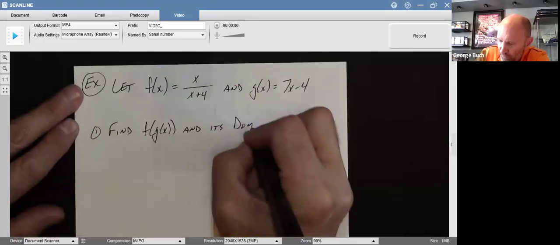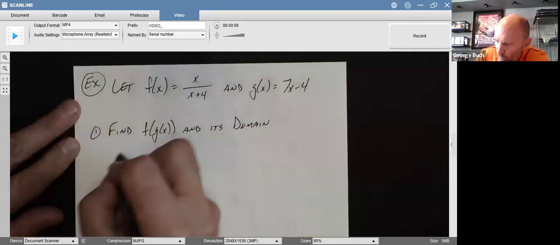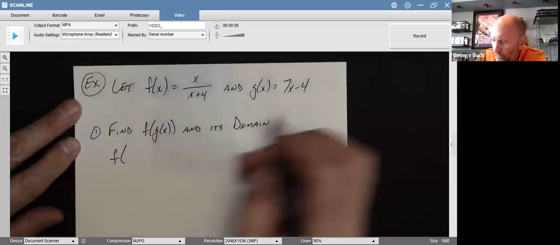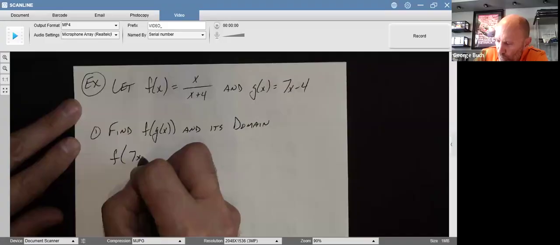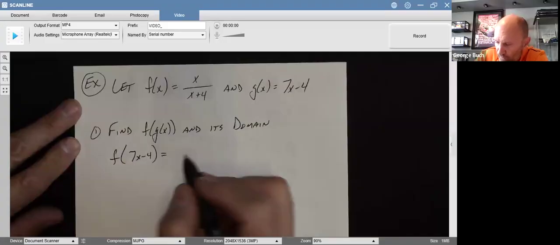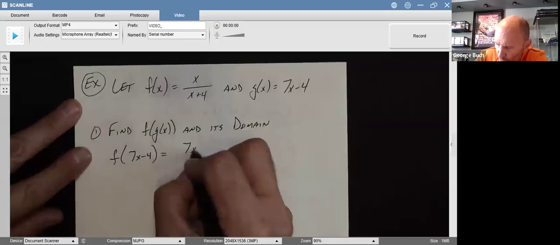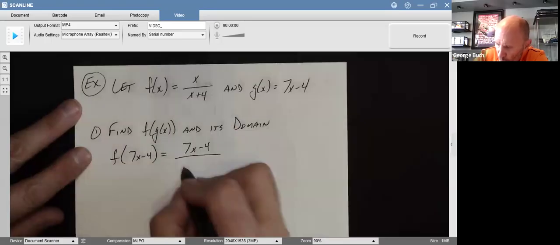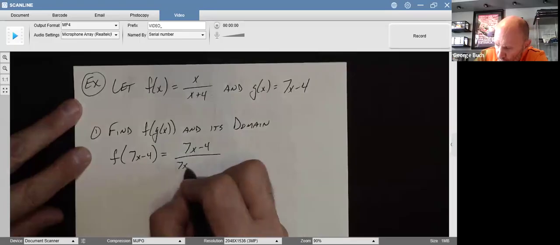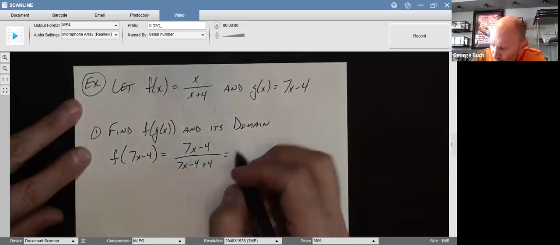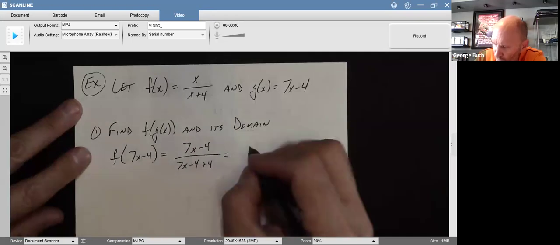So f of g of x means f of, well, what is g of x? It's 7x minus 4. So plug that into f anywhere we have an x, so we get what? 7x minus 4 over 7x minus 4 plus 4. So now simplify this, we get 7x minus 4 in the top.